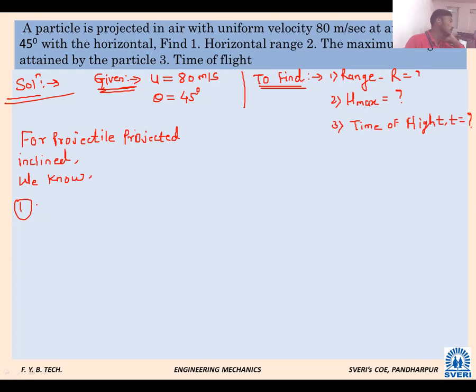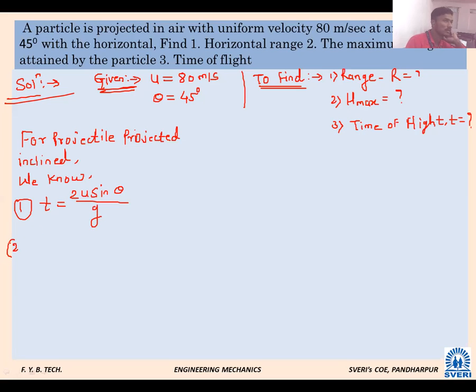Roll number 1, tell me quickly the equations. You have written them in the notebook, okay. T is equal to how much? 2u sin theta divided by g.